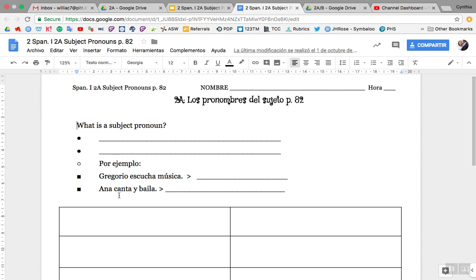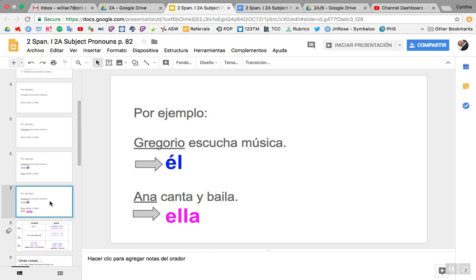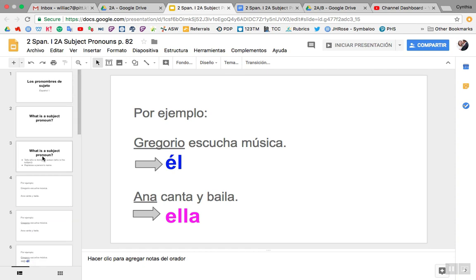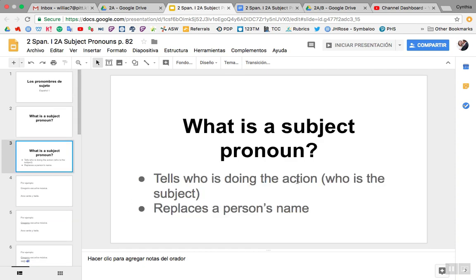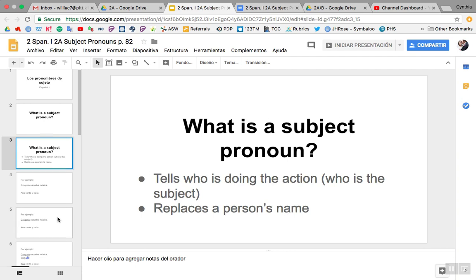Anna sings and dances. We could replace Anna with the subject pronoun for she, which would be ella. Okay? So subject pronouns tell who is doing the action and replace the person's name.